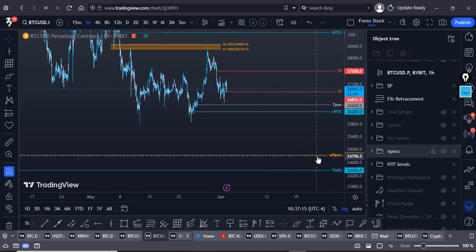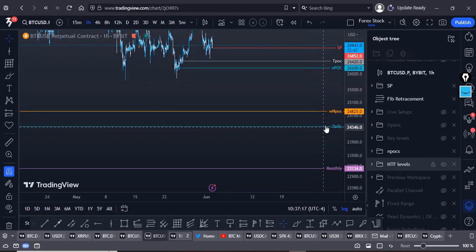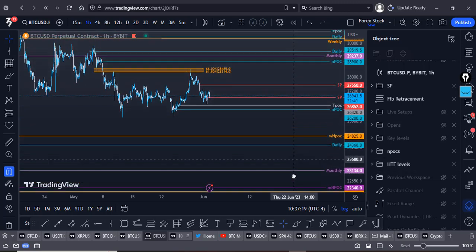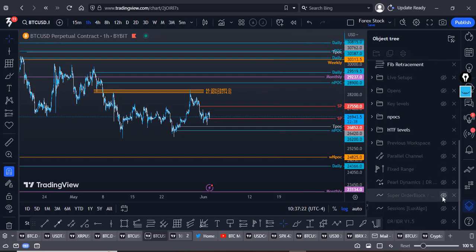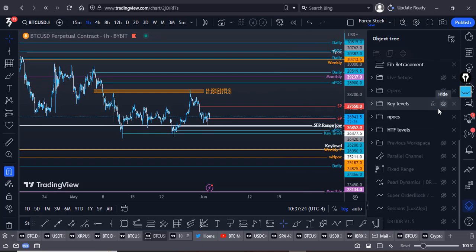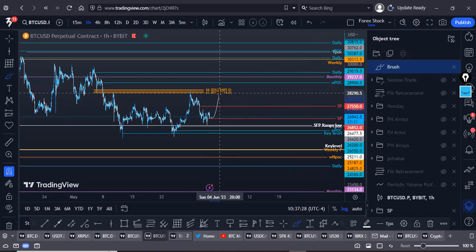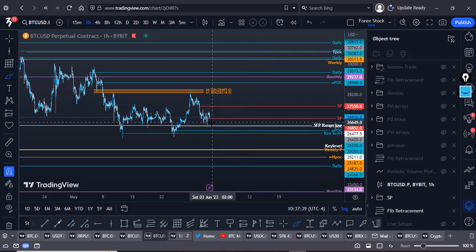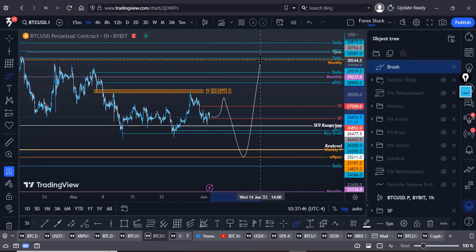Naked points of control and high time frame levels. So you can see the weekly NPOC and the daily level are aligned with the key level area that I told you about just now. You can see here that is the level of interest, and what I'm expecting is something like this, making a lower high towards 27.8 something, and then come back and sweep back up.